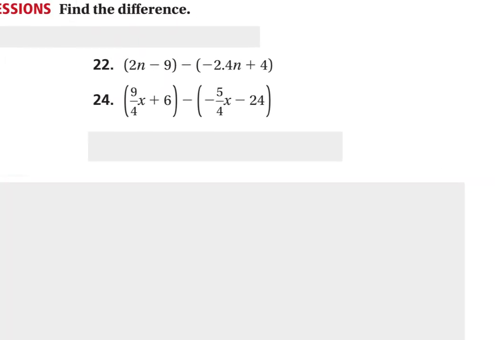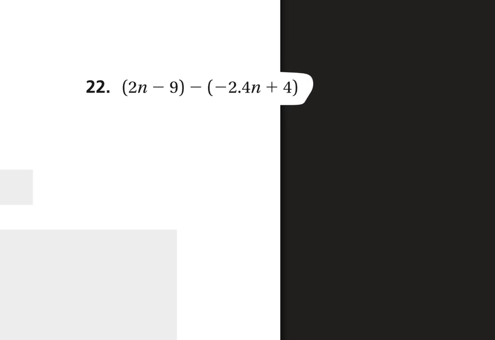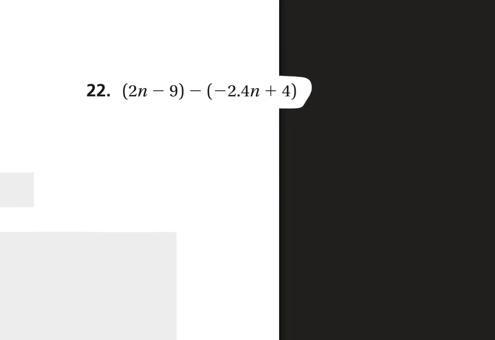22. Let's do this. Let's copy him and move him over here, shall we? So 22, just like the last one, I'm going to just copy paste the first part and then deal with my negative. So I am saying, hey, I want to subtract negative 2.4.